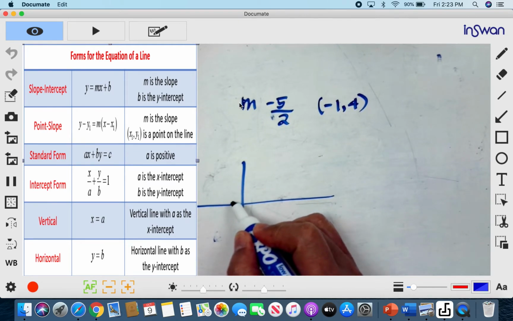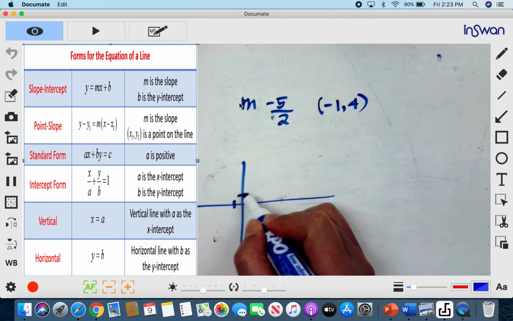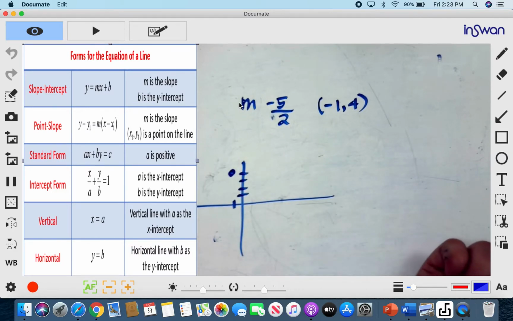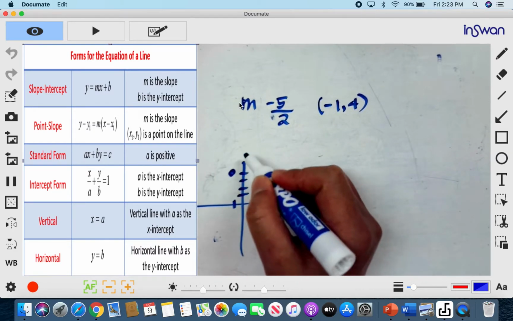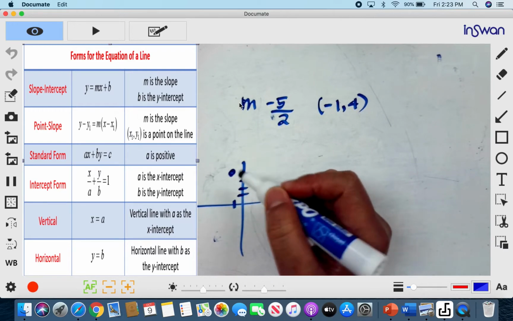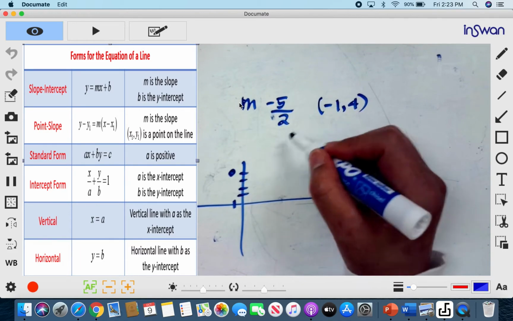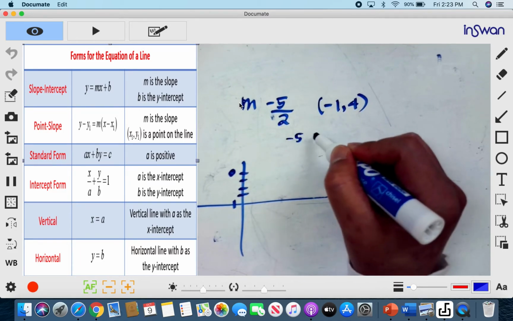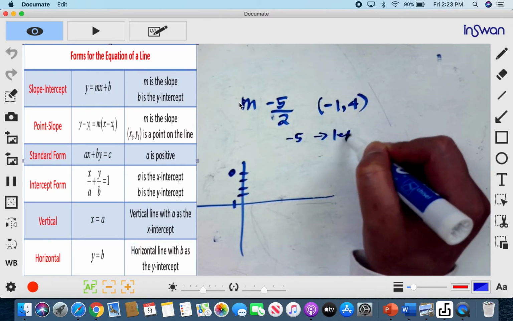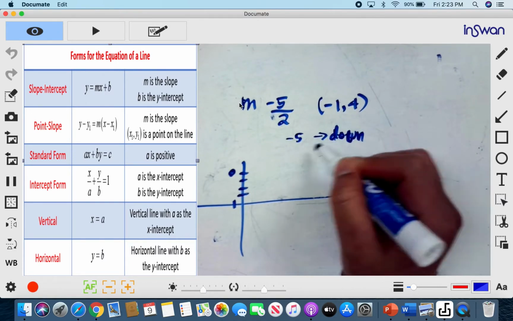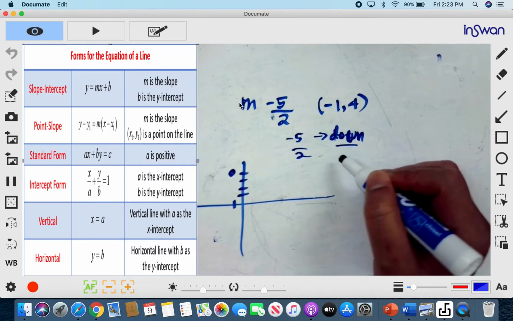Your graph passes through (-1, 4), like right here. And then from the point, it's not about the intercept this time. From the point itself, we will illustrate the rise and the run. So -5 is your rise, so we will go down, I'm sorry, and then after that, over 2, we will go to the right side.